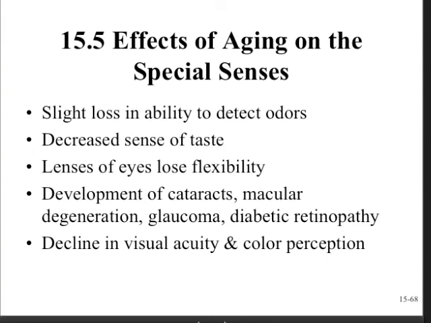And that's inevitable. A lot of it is degeneration due to use, but some of it is just due to the fact that, again, the components of these systems naturally will begin to die as we get older because they have a finite lifetime.